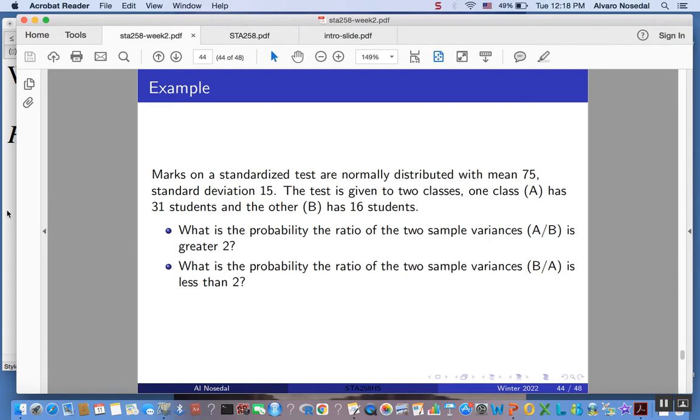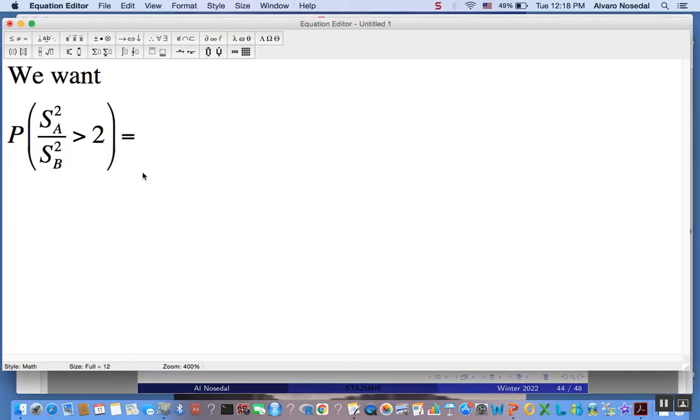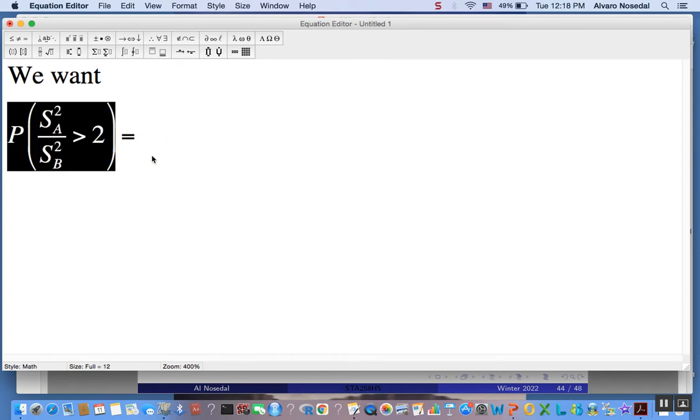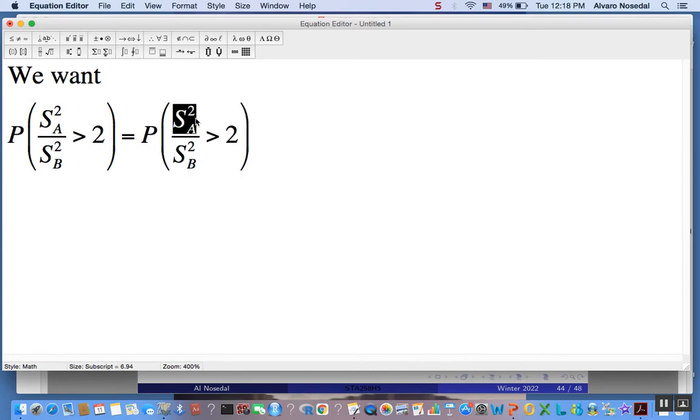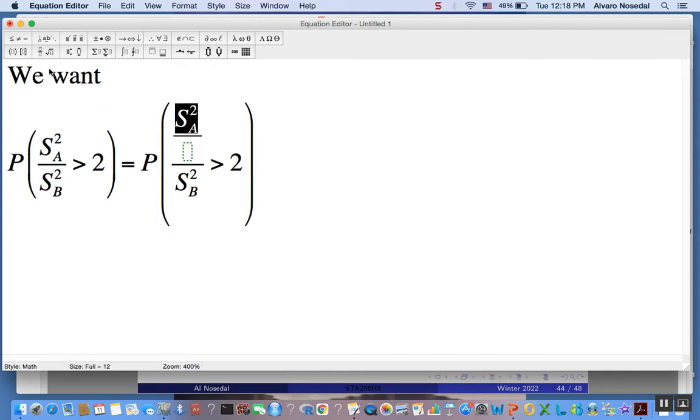So first, to make the quantity that we know the distribution of appear, what we do is this. Note that this is the same as this divided by sigma squared.